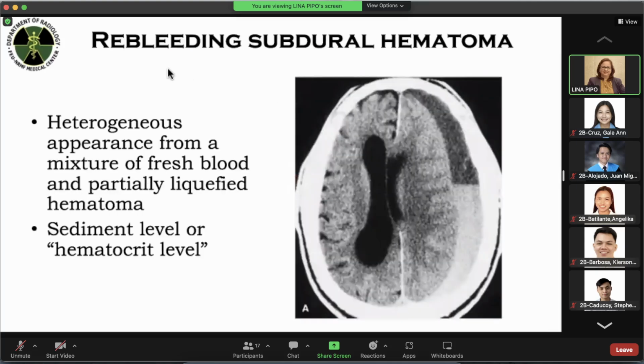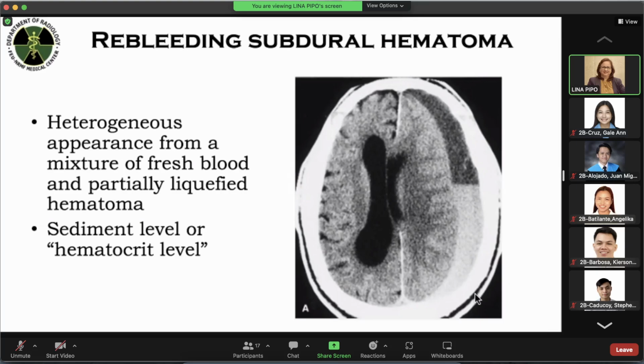So this one is a rebleeding subdural hematoma, where you can see a heterogeneous appearance from a mixture of fresh blood and partially liquefied hematoma. In here, in the left cerebral convexity, the upper layer has low attenuation. This is your old blood. And this lower layer has high attenuation, and this is your fresh blood.